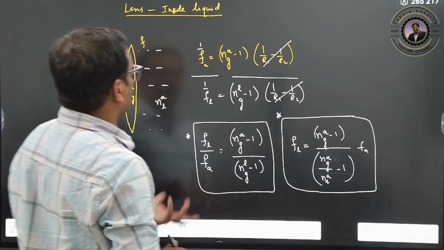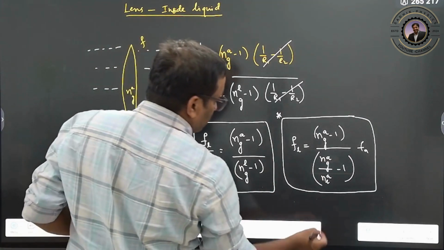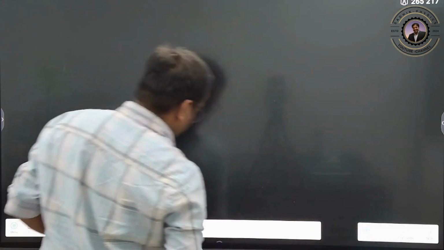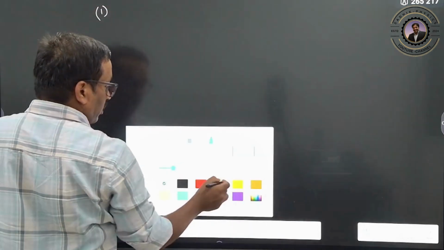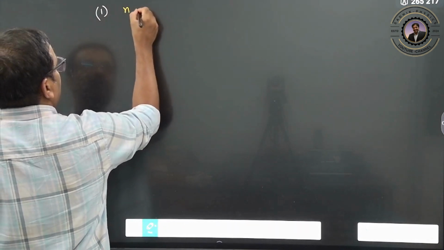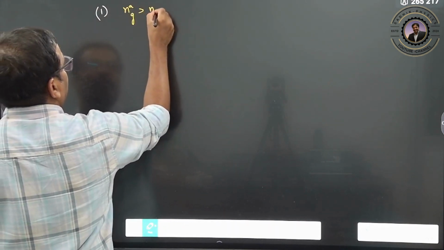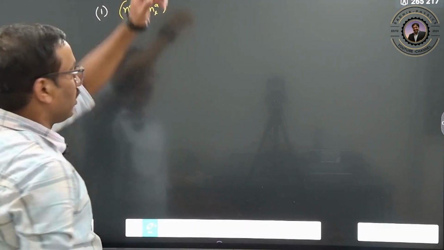Now we will see three different scenarios. So remember this formula. First condition: suppose refractive index of the glass is greater than refractive index of the liquid. Suppose it is greater. Now what will happen?